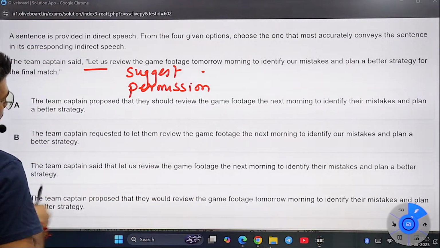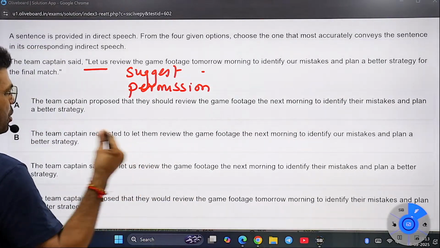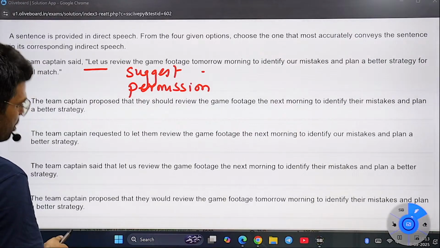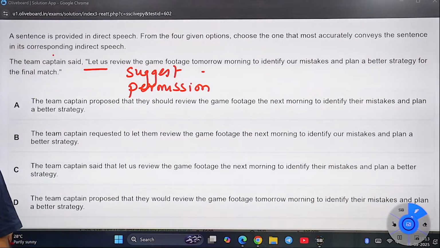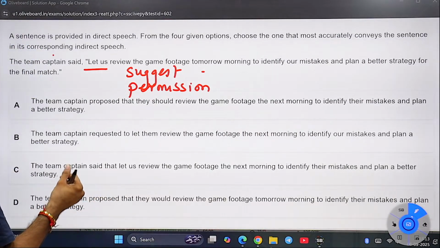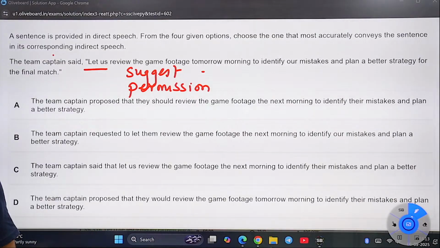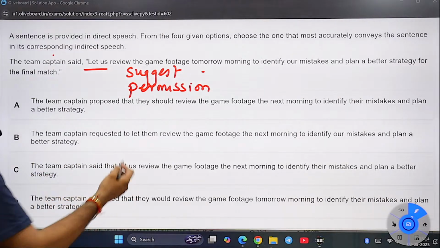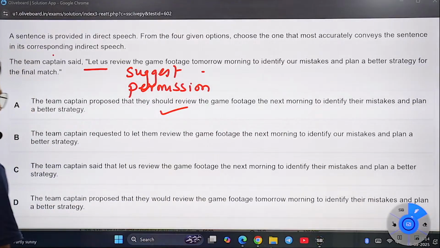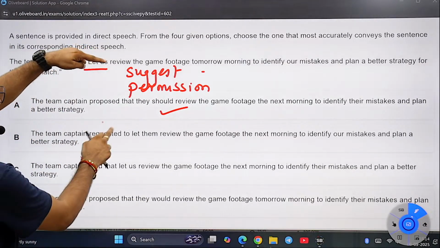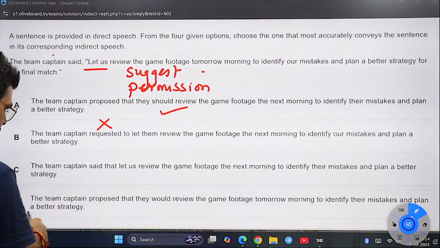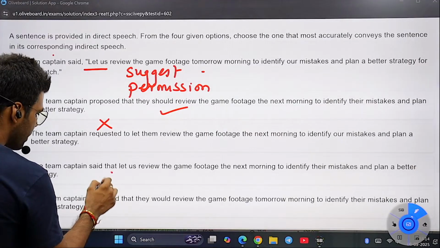The captain said, let's review the game footage tomorrow. He's not asking for permission. He himself is the captain. But he's suggesting we should go there tomorrow to identify the mistakes and all. And for suggestion, I would prefer the model should. So he proposed, suggested that they should, not bad. He requested, there is no please there. And why would the captain request? He said that, that is a descriptive conjunction.